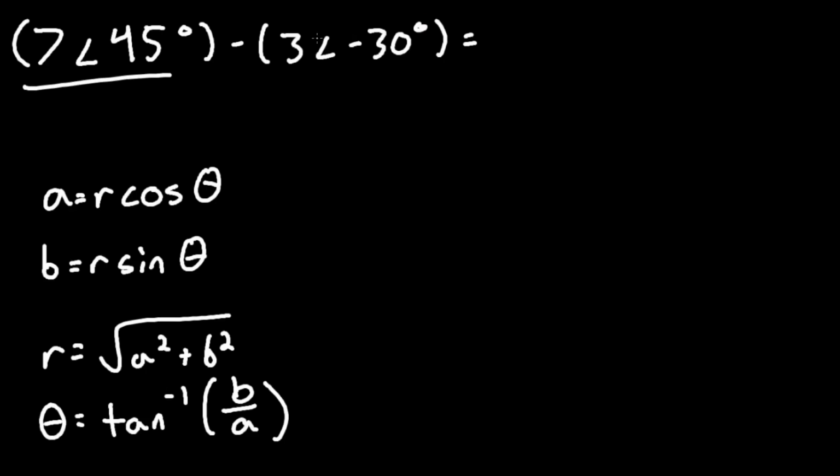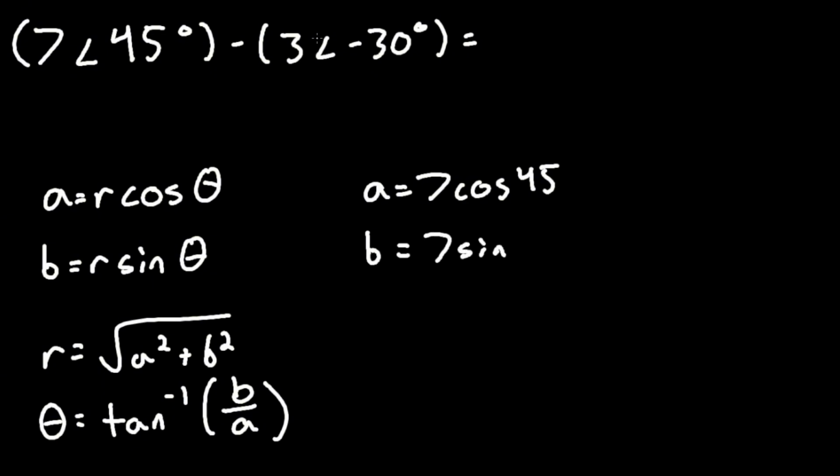So first things first, we need to turn these into rectangular coordinates or complex numbers. So A is equal to r cosine theta. R is 7, cosine is 45. B is equal to r sine theta. So if we evaluate these two, let's put this in the calculator, you should get 4.94, 4.95 if we round up, and 4.95 for both these numbers.